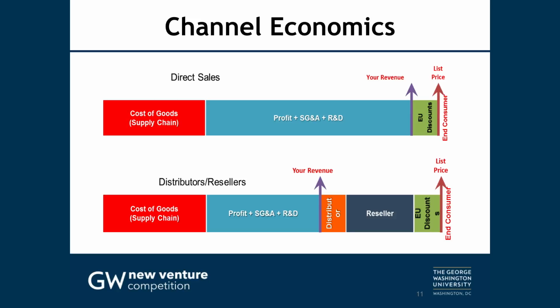So the decision you have to make is whether the cost of the distribution, if you're going to go through distributors and resellers, is low enough that they can do it more cheaply than you can with a direct sales force. And of course, it has to be more effective. So you have to understand which piece of that revenue stream is going to go to distributors and which pieces are going to stay in-house.